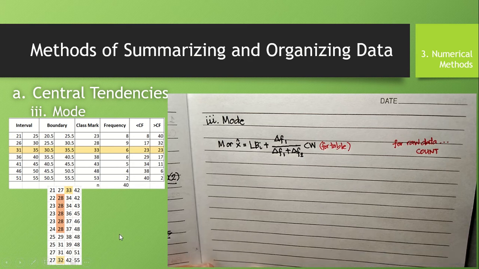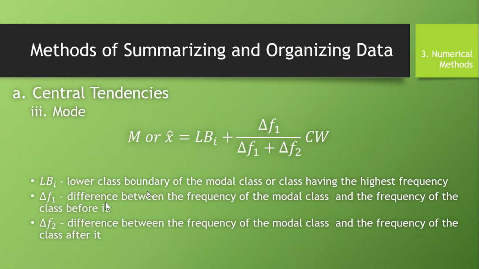So if you would recall our definitions, delta f sub 1 is the difference between the frequency of the modal class and the frequency of the class before it. Delta f sub 2 is the difference between the frequency of the modal class and the frequency of the class after it.